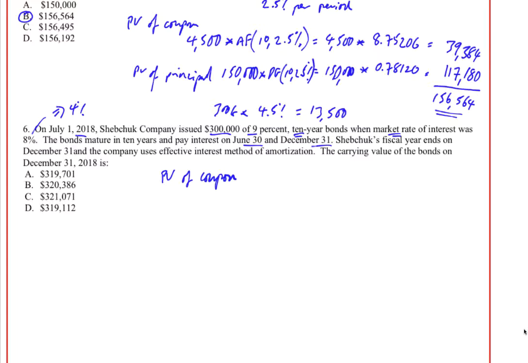And so the present value of the coupon is going to be the 13,500 multiplied by the annuity factor for 20 periods at a rate of, we said the market rate was 8% per year, so 4% per period. So that gives us 13,500 multiplied by, again, let's look at the tables.